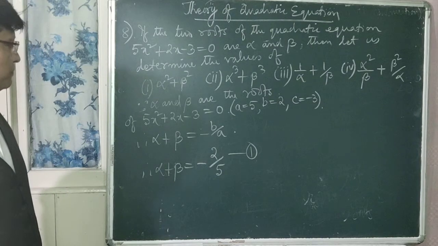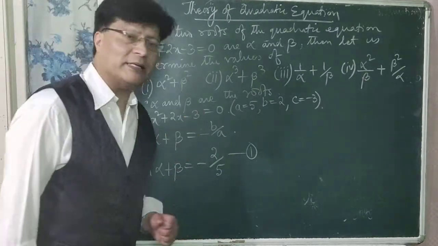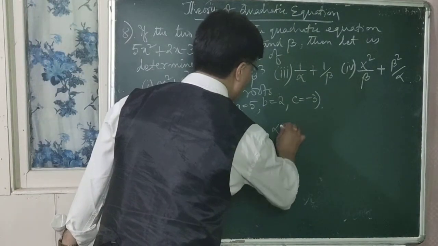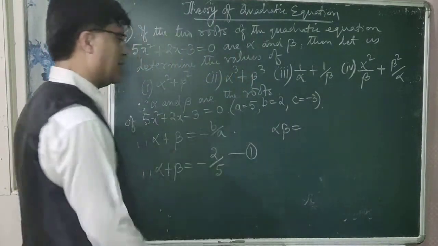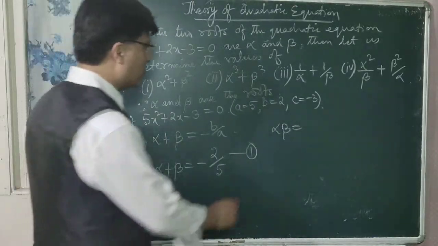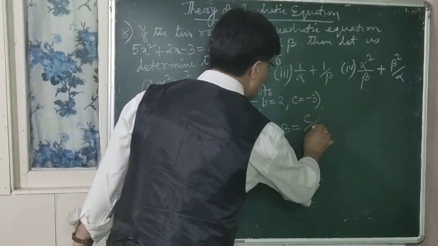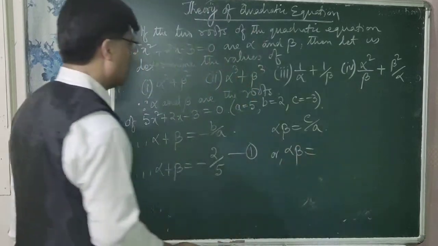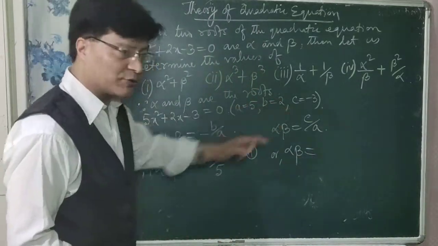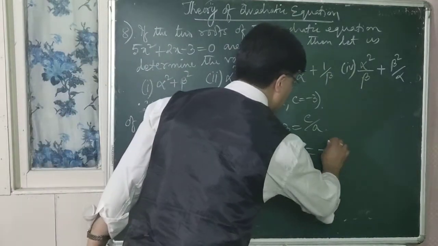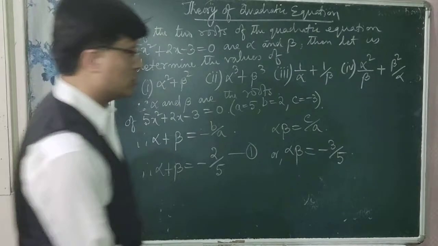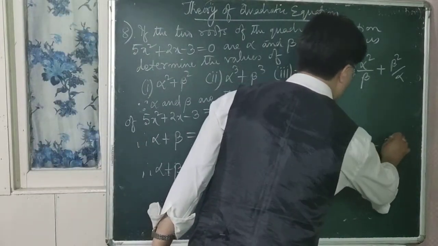Next, you have to write down the product of the roots. What is the formula? Alpha beta is equal to c upon a, that is minus 3 divided by 5. Suppose this is number 2.